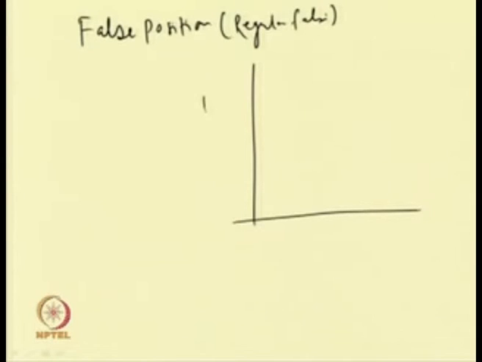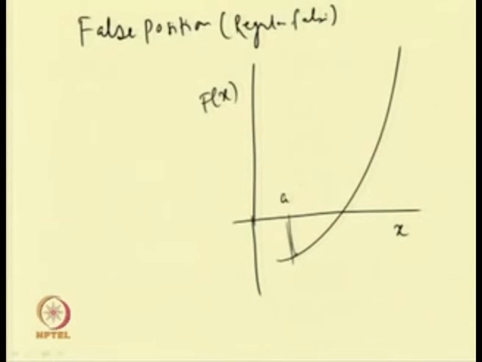Let us take the same problem, this is our f x and x. Initially we take two positions, this is position A and this is B, which yield a positive and a negative value.